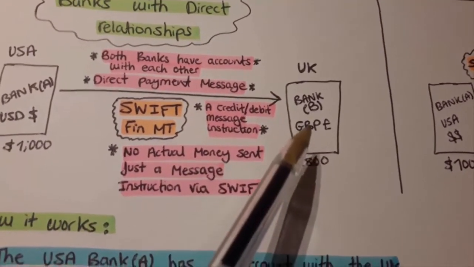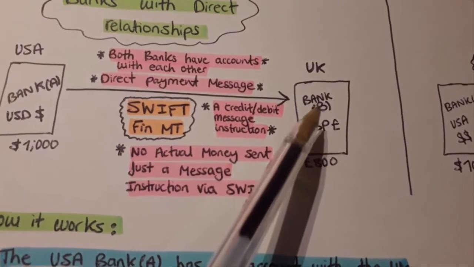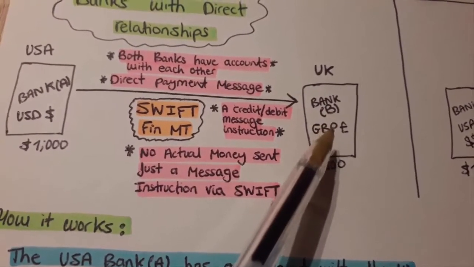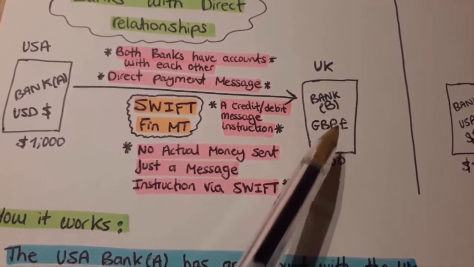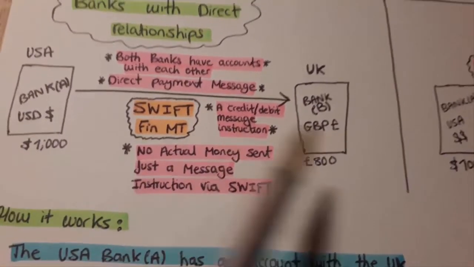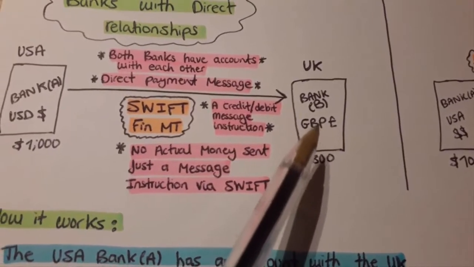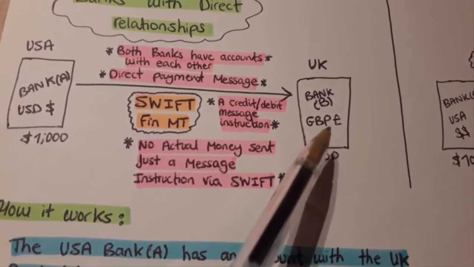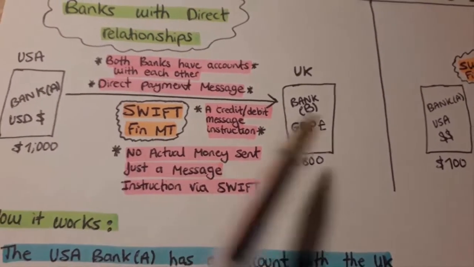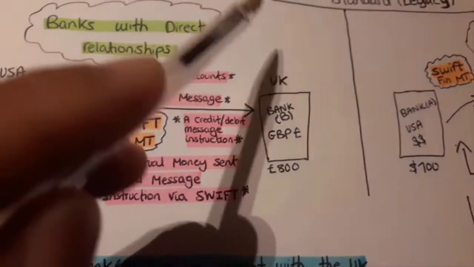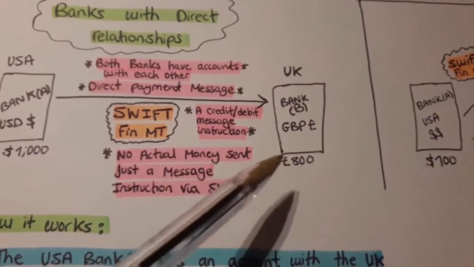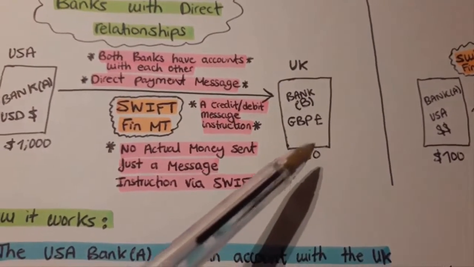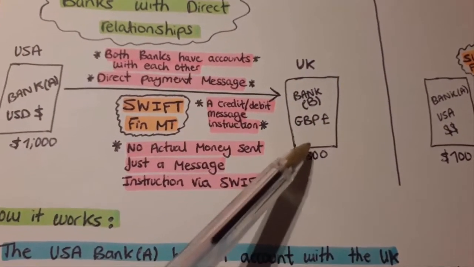So the message will say, credit the recipient with £800, and debit the account of Bank A that is held with Bank B. So Bank B just takes out £800 from the account of the American bank that's held in the UK bank, and they give it to the customer, and that's been credited to the customer, and it's been debited on the system as well.